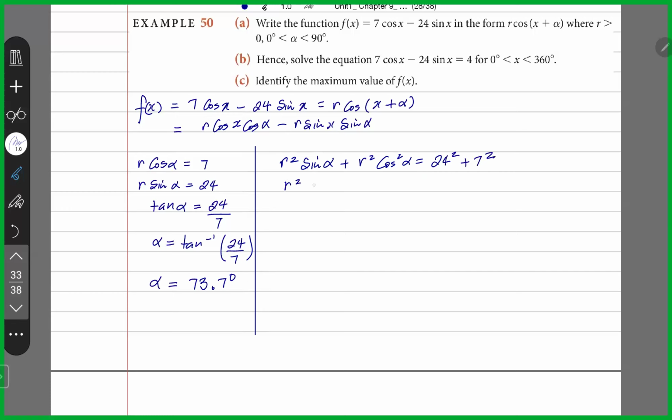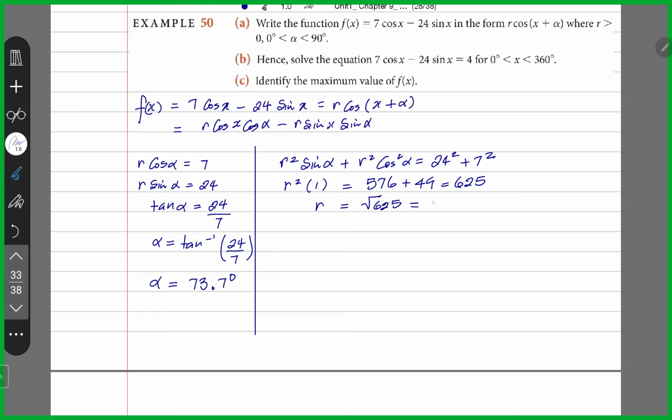So r squared times 1 would be equal to 576 plus 49, which is equal to 625. r is equal to the square root of 625.